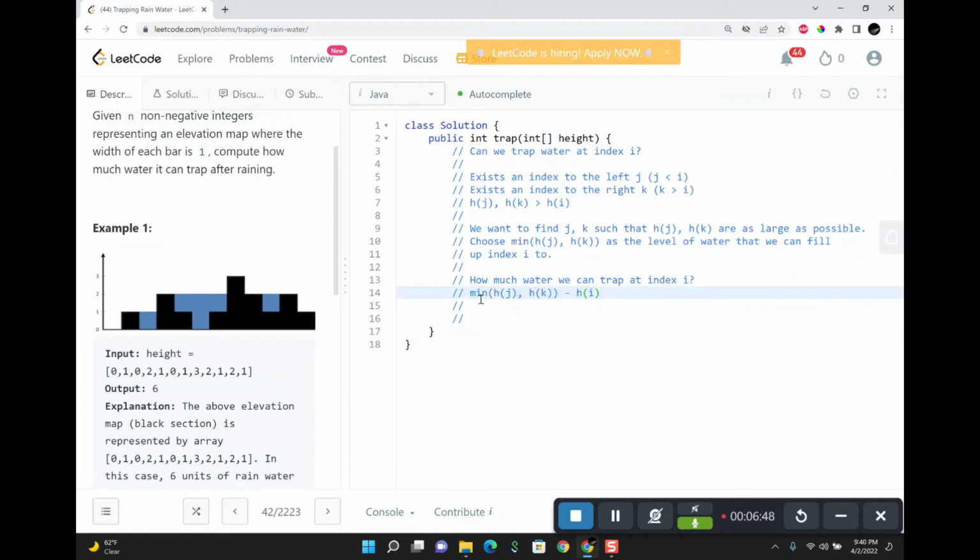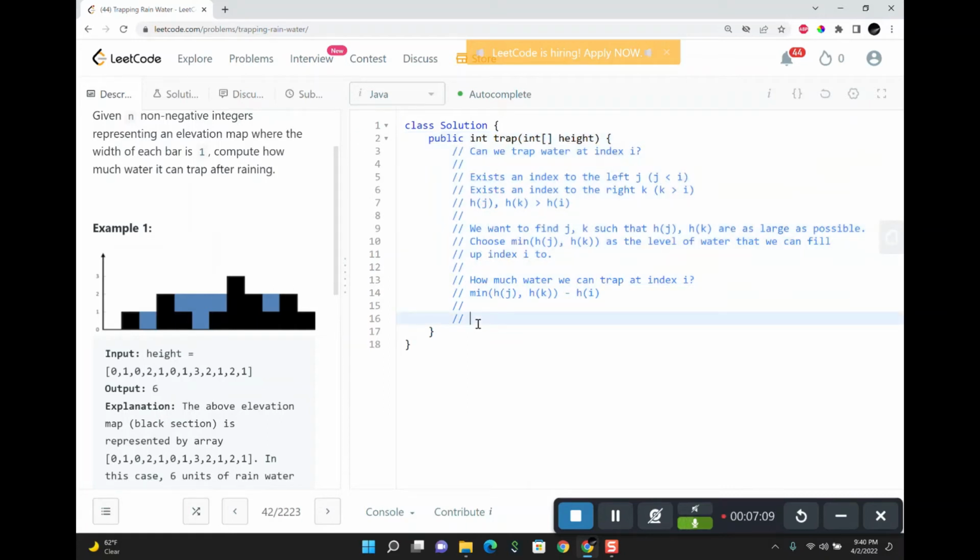We add it if it's positive, because if it's 0, it doesn't impact the result. And if it's negative, we're not going to add it to the result, of course, because it's impossible to fill up water to a negative degree. That doesn't make any sense. So that's the general algorithm, okay?